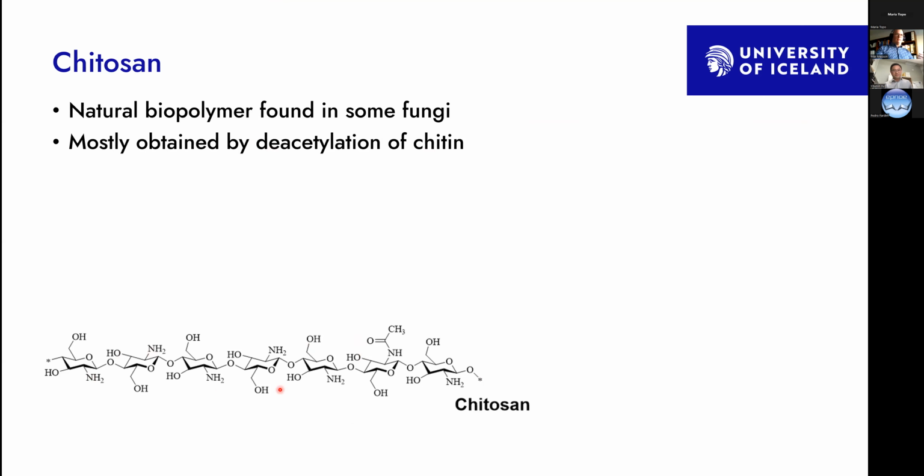It's of course the same as for chitin, except the amino group has been deacetylated. And now you have the possibility of protonization. I show one here, with acetyl groups, and this is the case for most chitosan materials that you get. It always has some degree of acetylation, even if it's quite low in some cases.